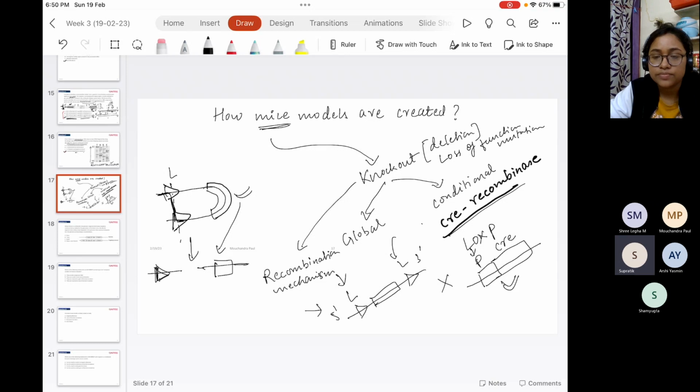So the process of the conditional knockout, can it be done in a single generation by using a single mouse, or should it be crossed with two mice, and then it can show its effect?